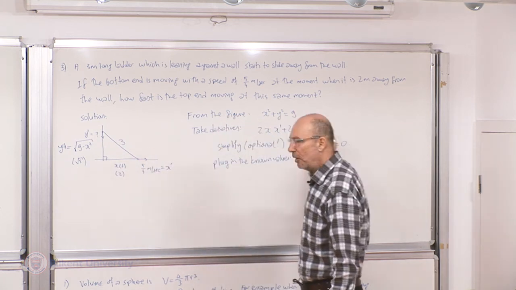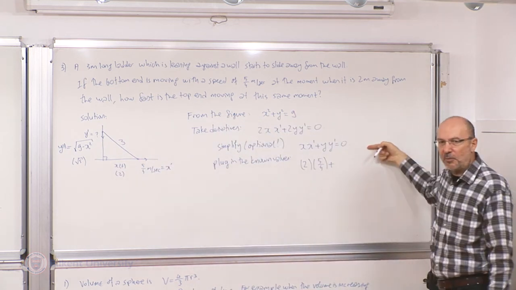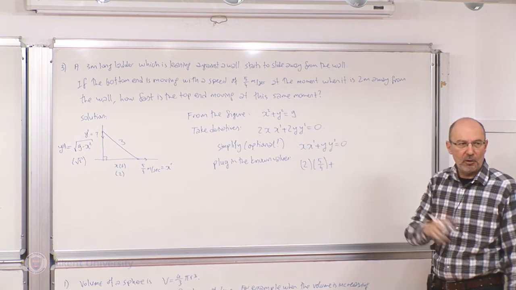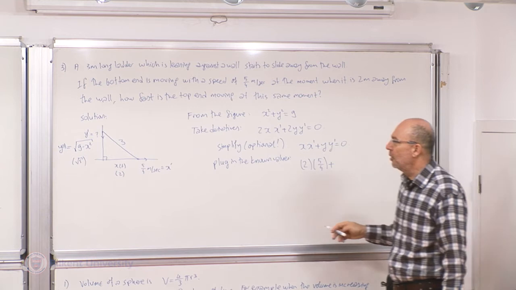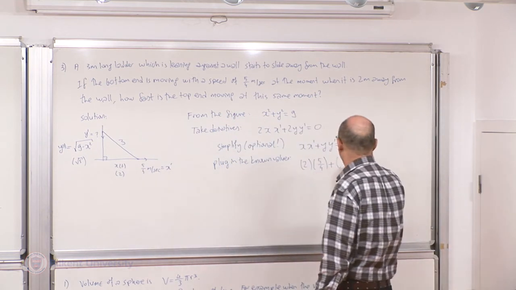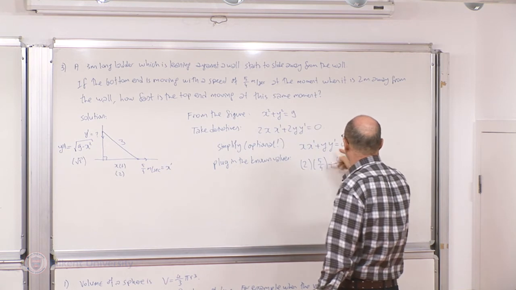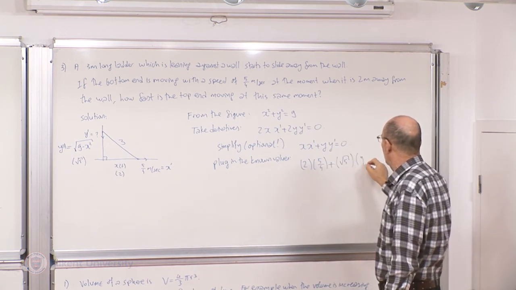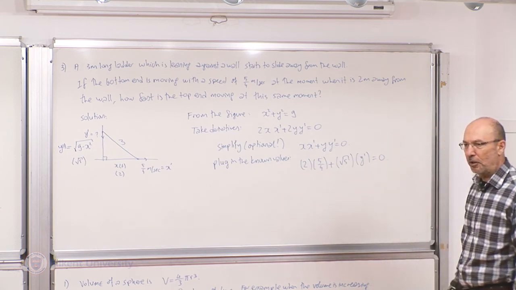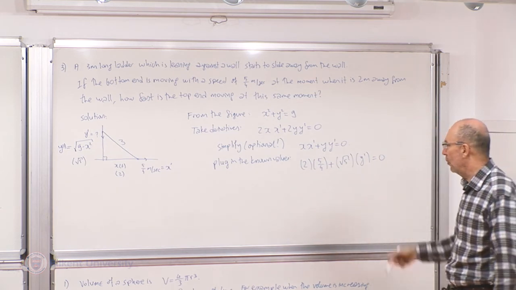Sometimes it's not easy just by looking at the picture; sometimes you have to solve it explicitly. I found that when this is 2, this is square root 5. Y prime, I don't know. Fortunately, at least only one of them is unknown. Now solve for the unknown.